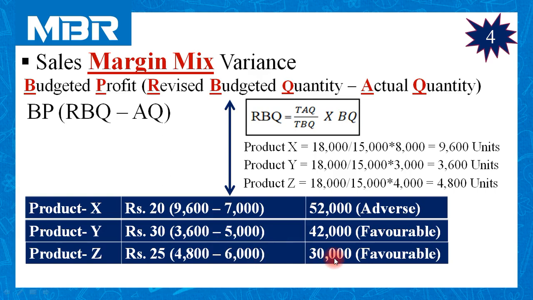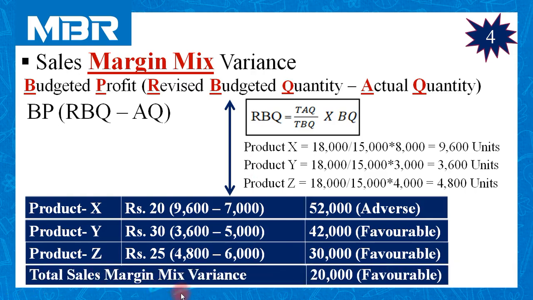So the difference is 30,000 favorable because as compared to revised budgeted quantity, actual quantity is higher. So total sales margin mix variance is rupees 20,000 favorable: 42,000 favorable plus 30,000 favorable is equal to 72,000 favorable, minus 52,000 adverse. So the net difference is 20,000 favorable.